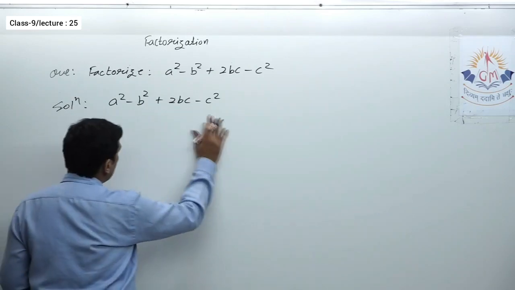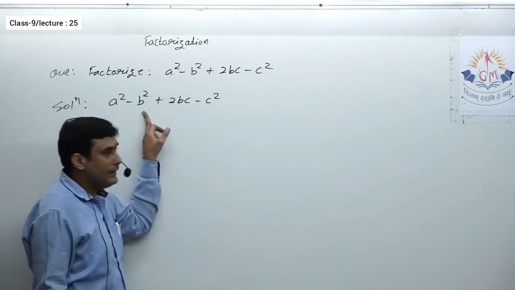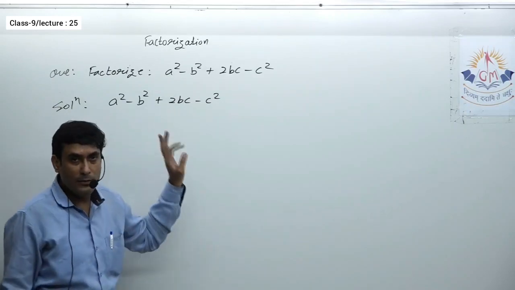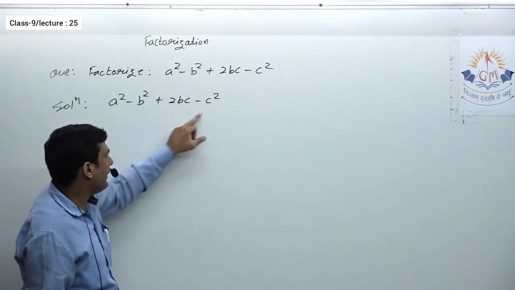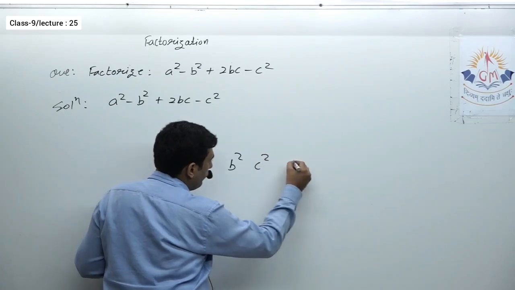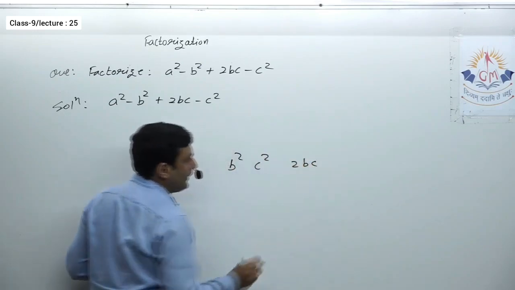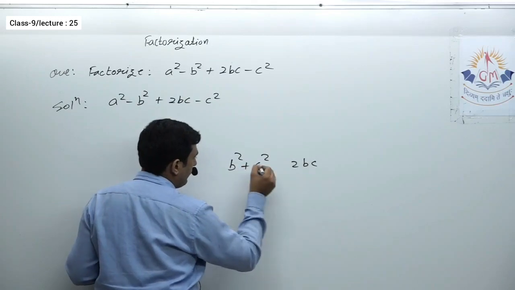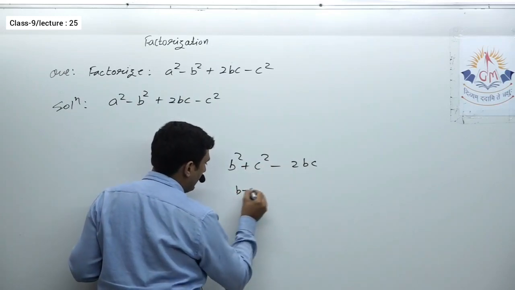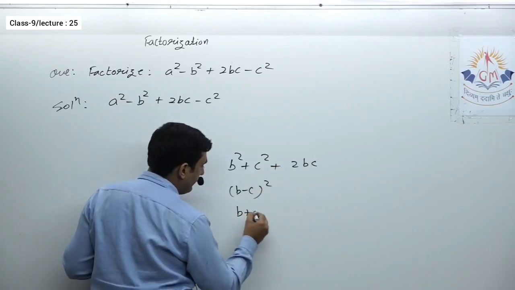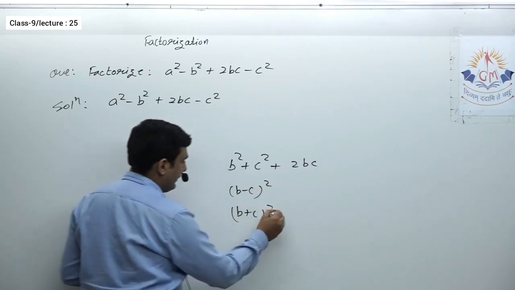Now if you observe carefully, see here it is b square, c square, 2bc. Although this is negative, this is negative, this is positive, but there are squares of two quantities and 2 multiplied by these two. So if we have b square plus c square minus 2bc, I can get b minus c whole square. Or if we have this, we can get b plus c whole square, isn't it?